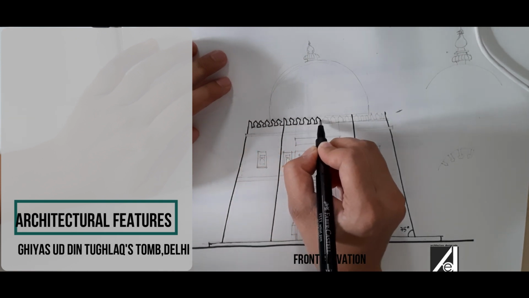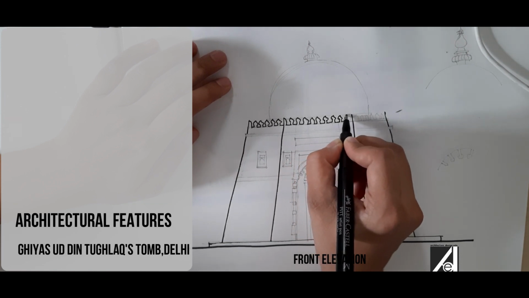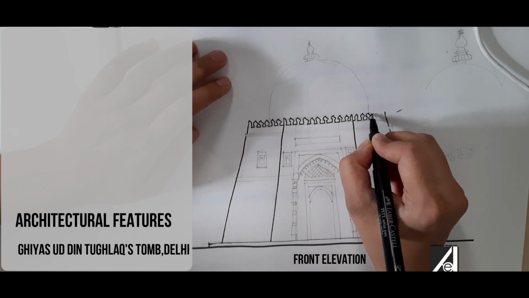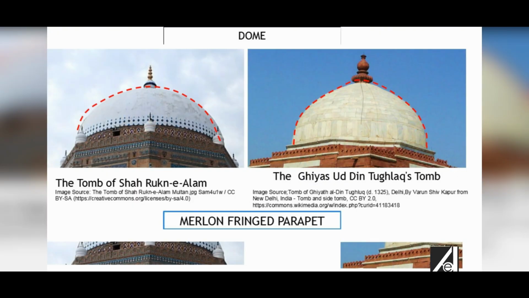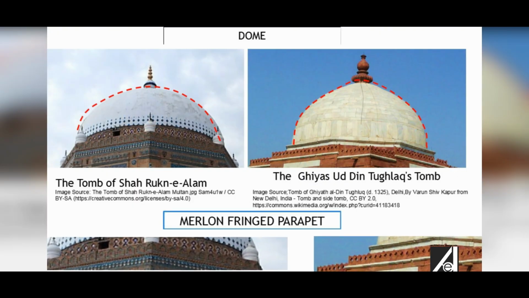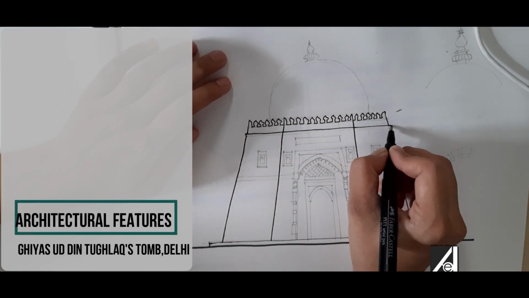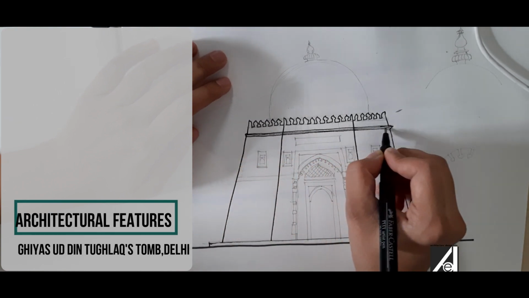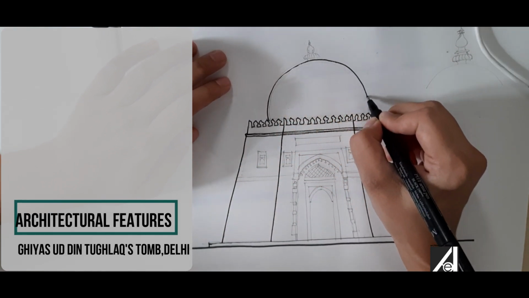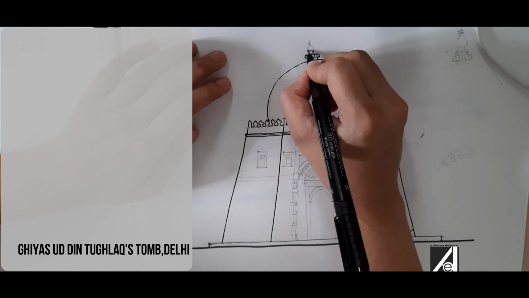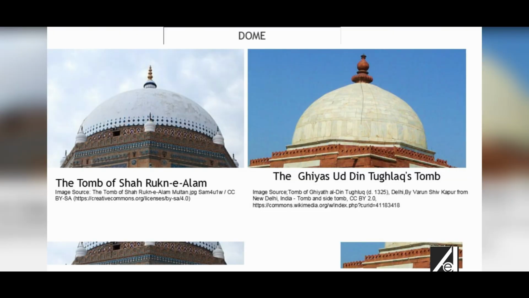And we can also find a merlon fringe parapet, as we can see in the tomb of Shah Rukn-e-Alam, Multan, used in the parapet. The building is topped by a hemispherical dome resulting in a pinnacle, and in both the cases the dome is white.